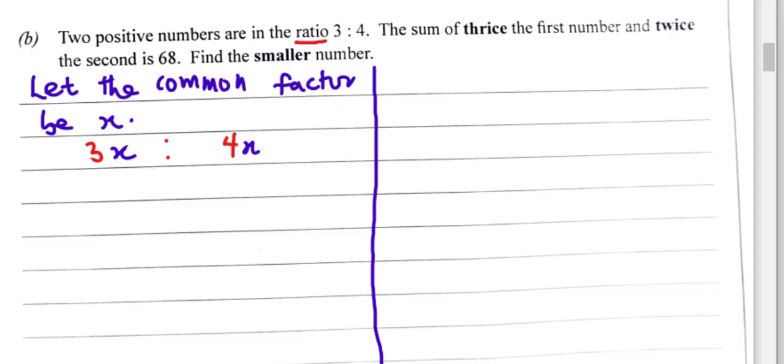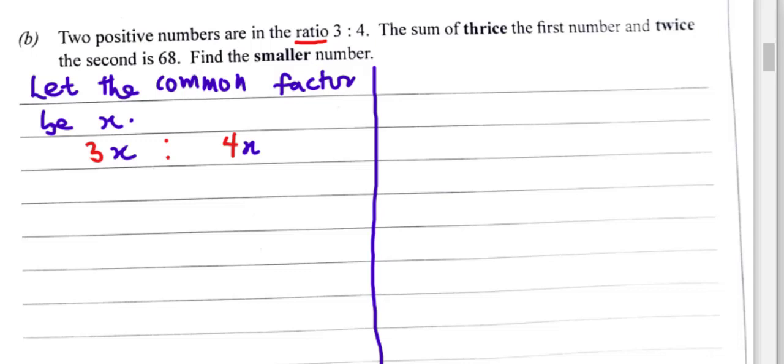I'm asked to find the smaller number, whether it is 3x or 4x. Since x is constant, 3x is the smaller number. So if I can find the value of x, then 3x is the smaller number, and that's very simple.